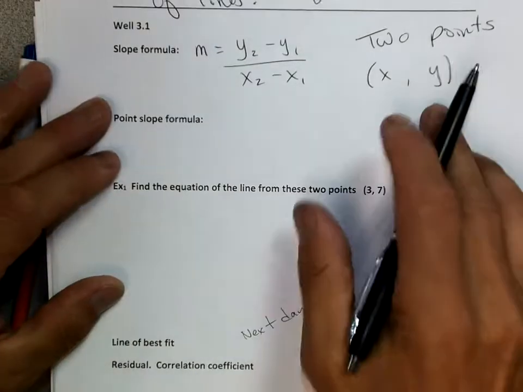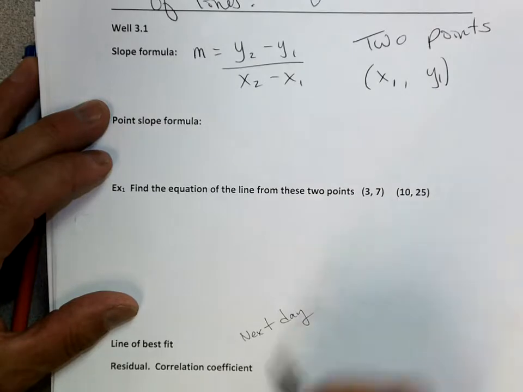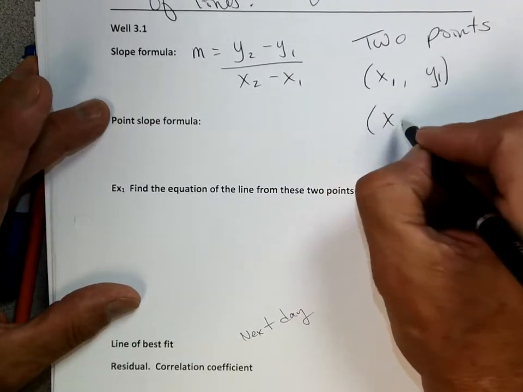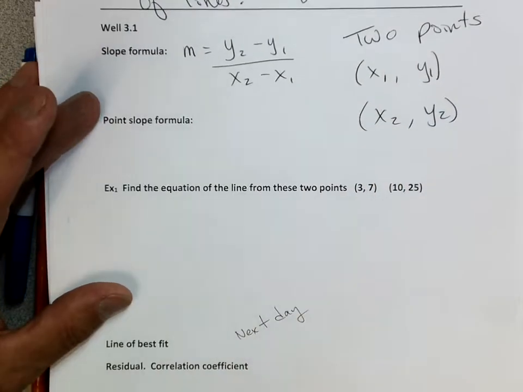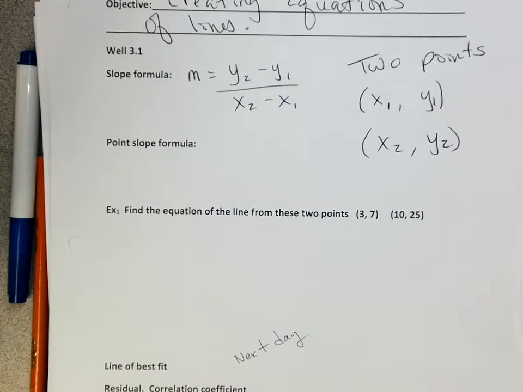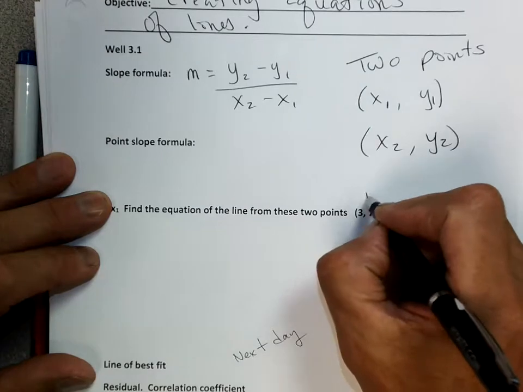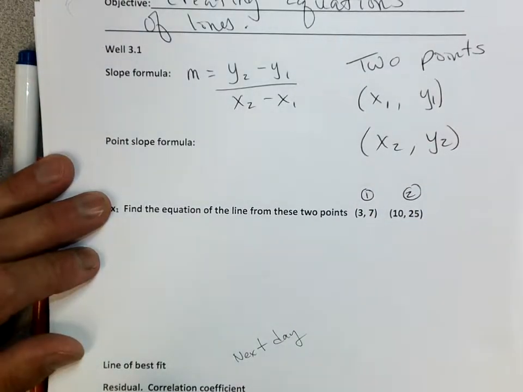Now, if it's 2 points, there's a first point, we'll call that x1, y1, and a second point, x2, y2, okay? In my first example, we have 2 points. Let's call this point 1 and this point 2.